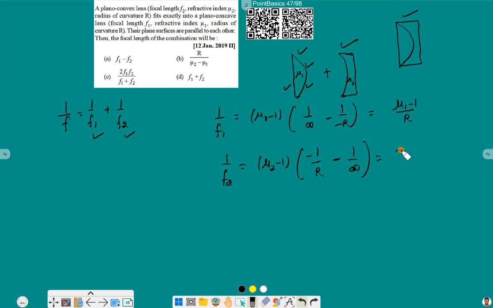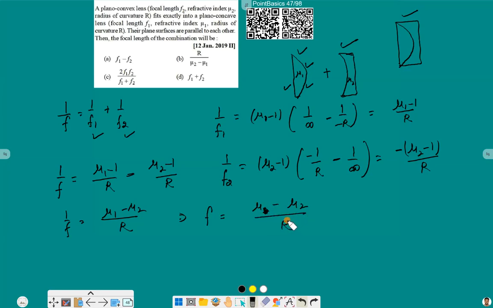So this will give us minus of mu2 minus 1 by R. Now, if we add both of these, we will get 1 by f is equal to mu1 minus 1 by R minus mu2 minus 1 by R. And from this, we will get 1 by f is equal to mu1 minus mu2 by R. From that, f is equal to R by mu1 minus mu2, taking the inverse.